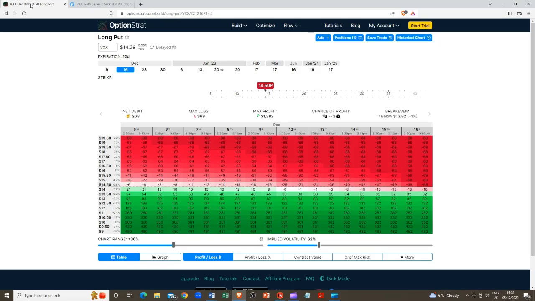With a typical scenario of buying and selling shares, you really can't make money when the price of the underlying asset is going down. You only make money if the price of the underlying asset increases so that you anticipate a sale at a higher price than what you bought. But with the long put and other options trading strategies, you can actually create a potential for revenue generation, whether the price is going up or going down or going sideways.